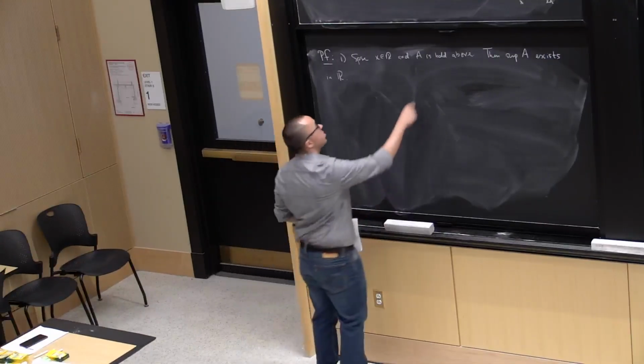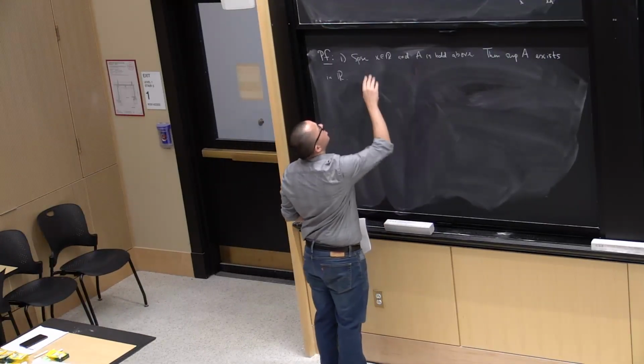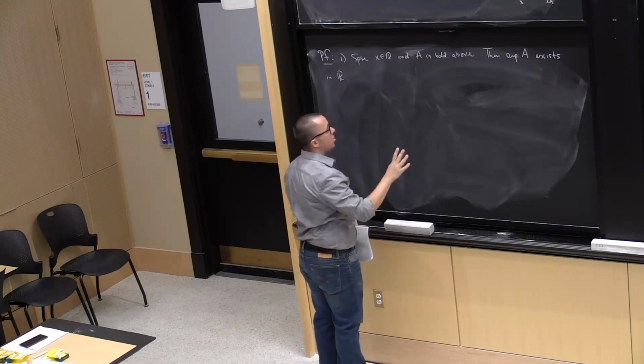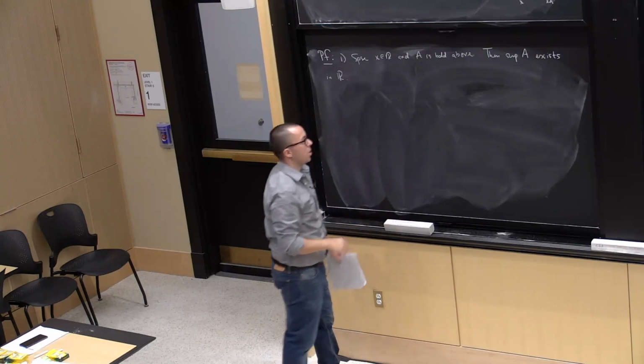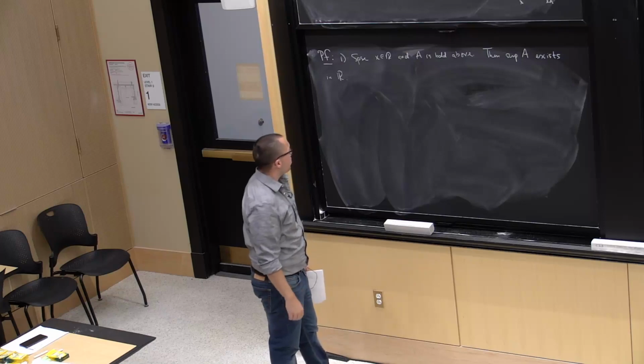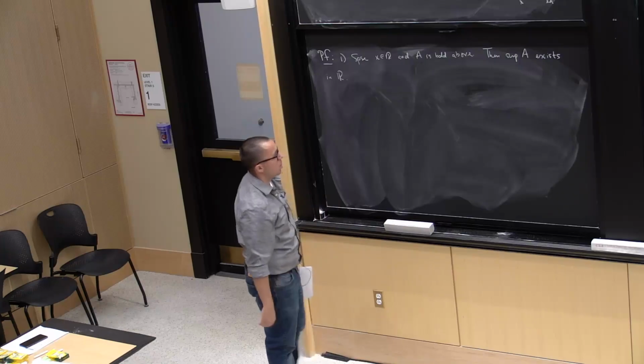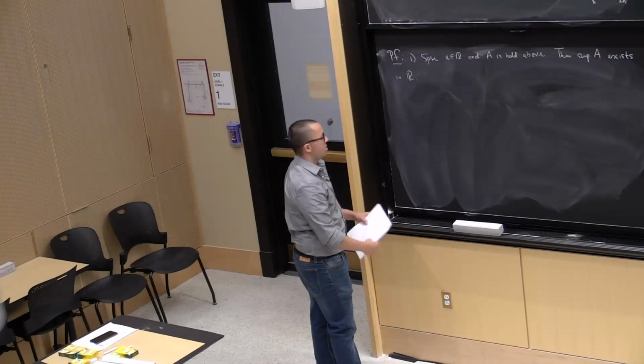A is a non-empty subset, which I should have said, so all of this is for a non-empty subset A. Since it is bounded above, by the least upper bound property the supremum of A exists in R.